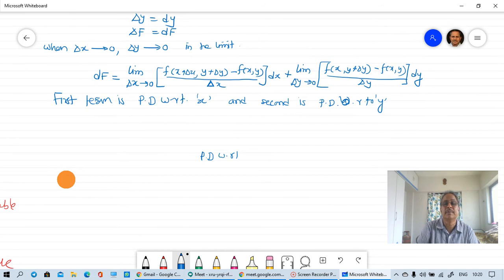I am skipping this, this is not needed. The left hand side is df is equal to, in the bracket, partial differentiation of f with respect to x keeping y constant into dx, plus the second term in the bracket with limit delta y tends to 0, which gives you partial differentiation of f with respect to y keeping x constant multiplied by dy.